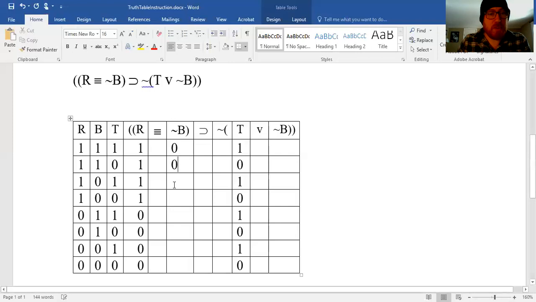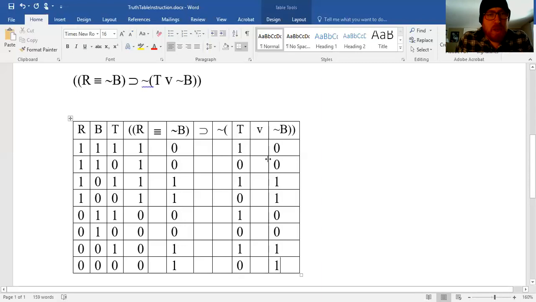So false, false, true, true, false, false, true, true. So false, false, true, true, false, false, true, true for that instance of B, and the same under this instance of B.